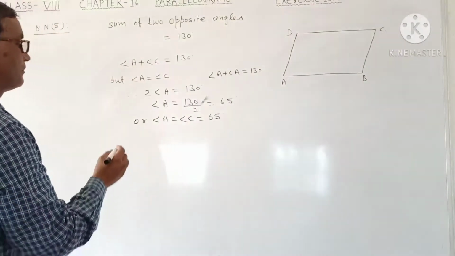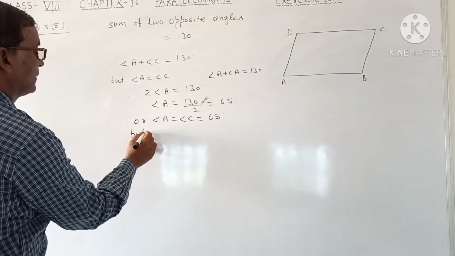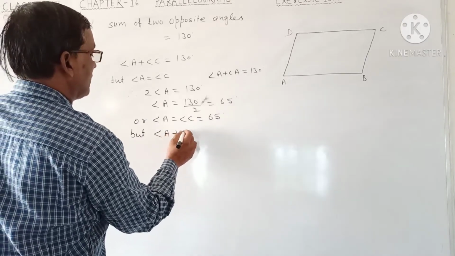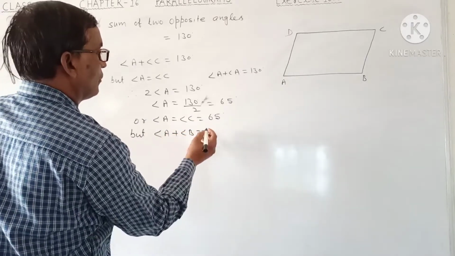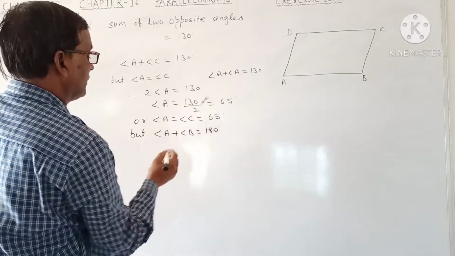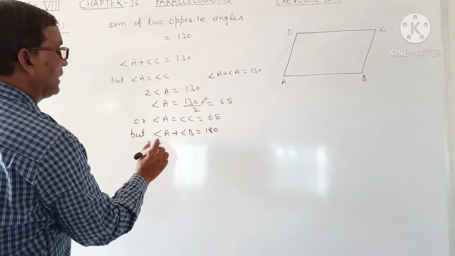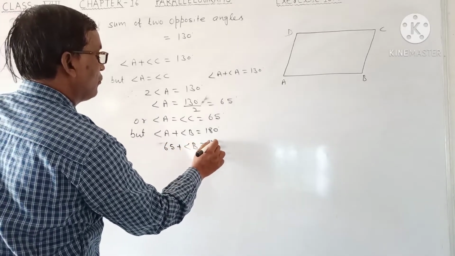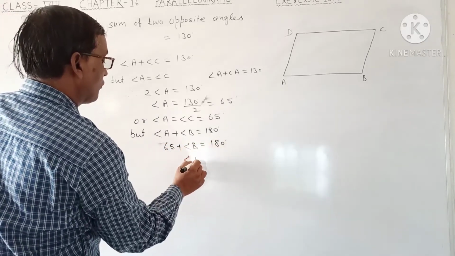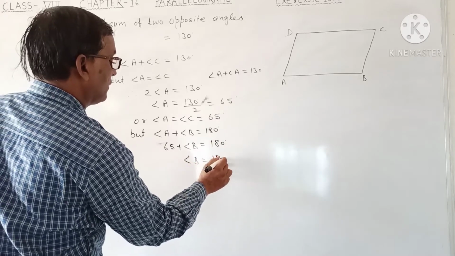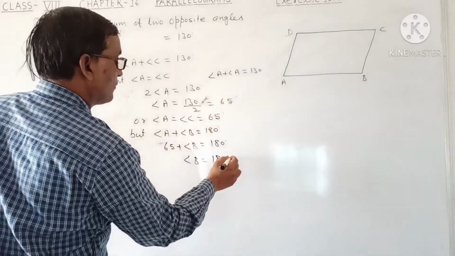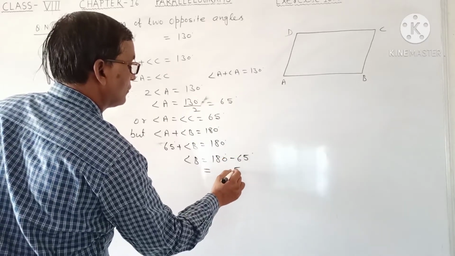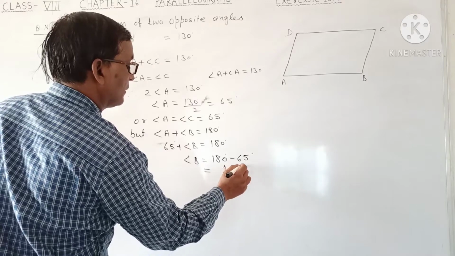But angle A plus angle B is equal to 180 degree, and angle A equal to 65 degree plus angle B is equal to 180 degree. Therefore B equal to 180 minus 65 degree, and it is equal to 115 degree.